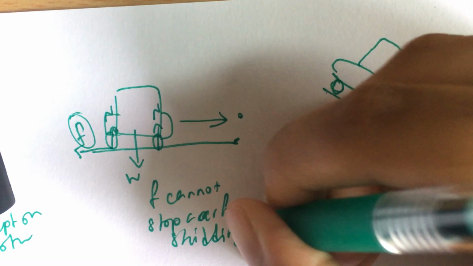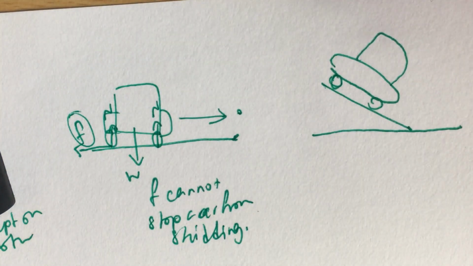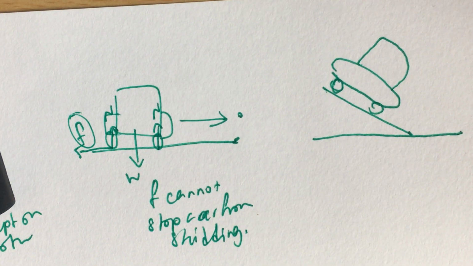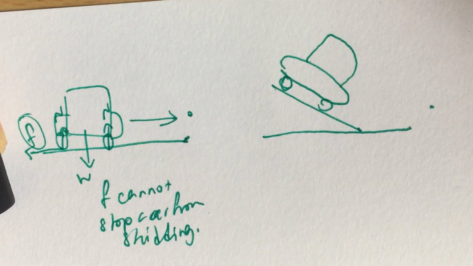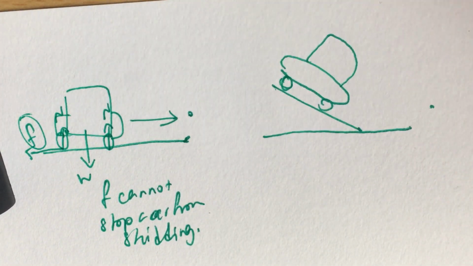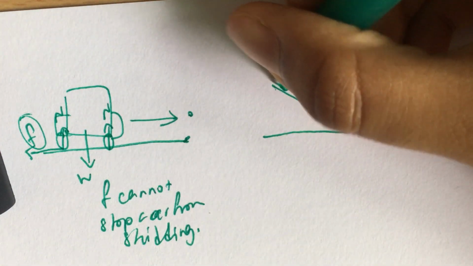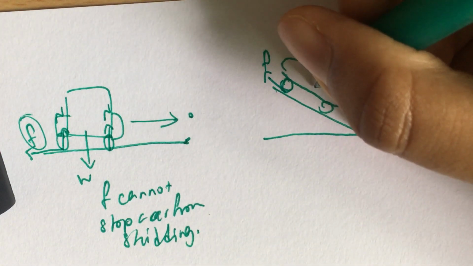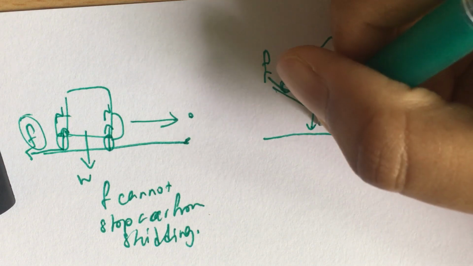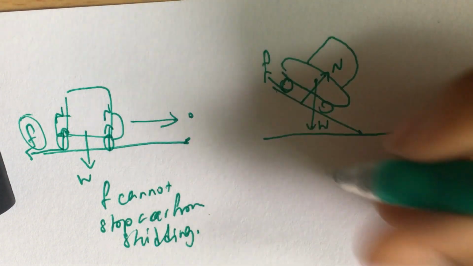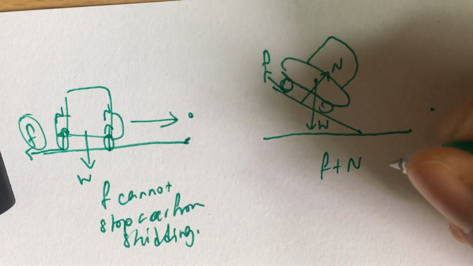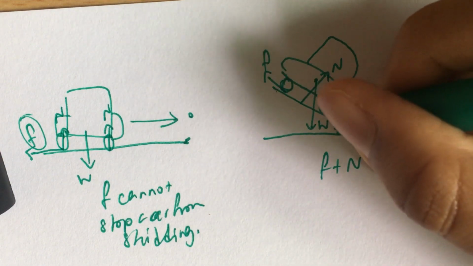So in order to avoid this and to make it a little bit easier for the car to stay in the path, they raise up the surface so that you can use some of the weight or the normal force on the car to provide the centripetal force, and to prevent the car from skidding out of the way.